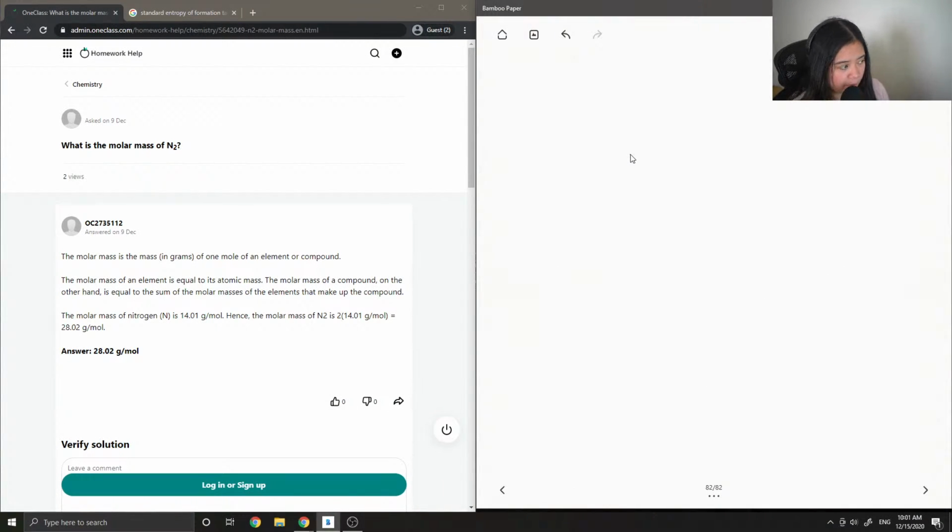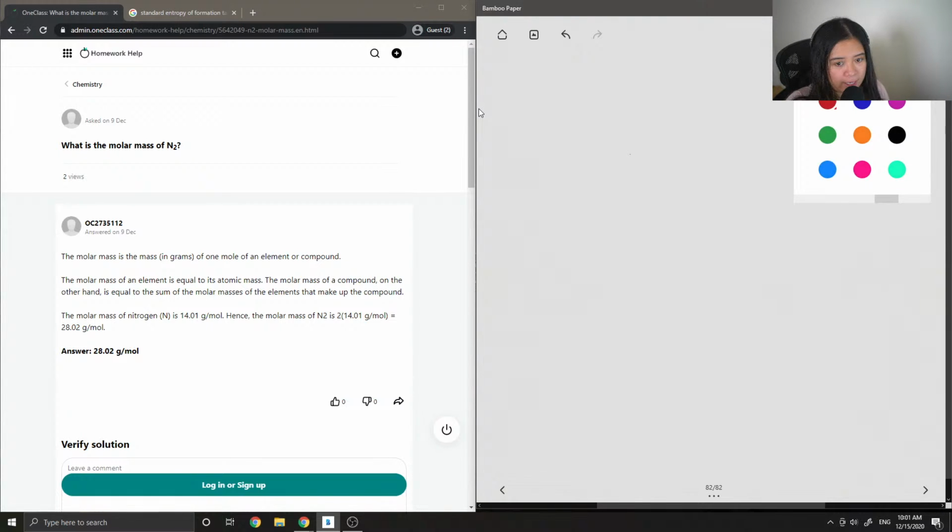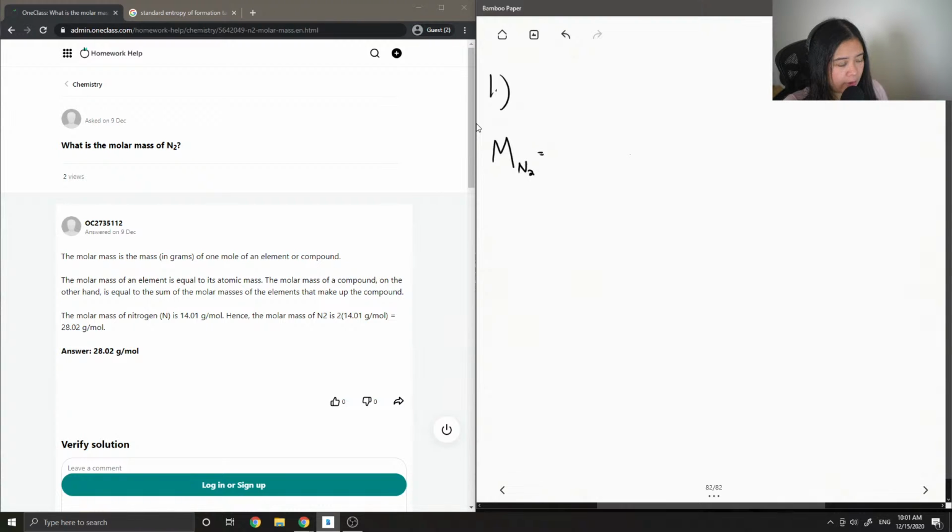Okay, so question 1 just asks, what is the molar mass of N2, which is nitrogen gas? To find the molar mass of N2, we need to also find the molar mass of a single nitrogen atom. So this is going to be 2 times the molar mass of a nitrogen atom.